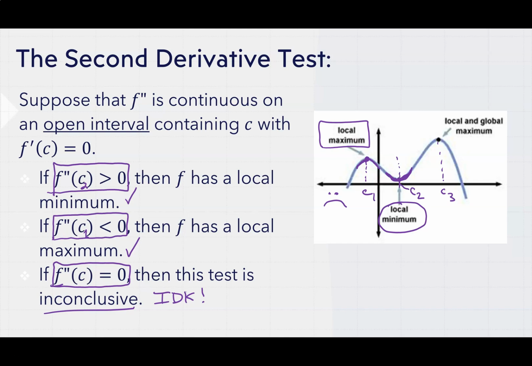Remember that. We just don't know. All we know is if the second derivative evaluated at that critical point is positive, then you have a minimum, because if you visualize it, that curve right there is concaving up, so you have a bottom. Okay, so that's the second derivative.